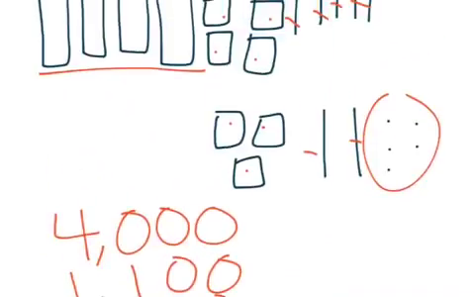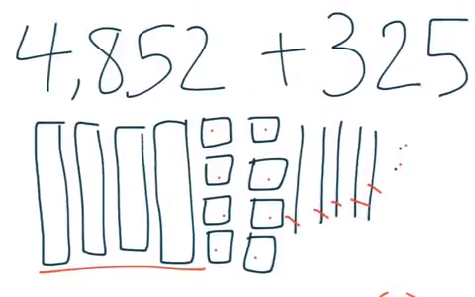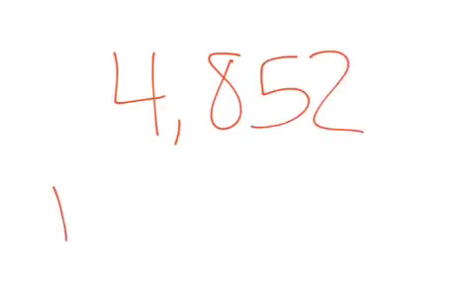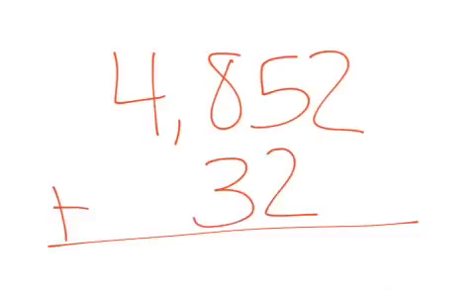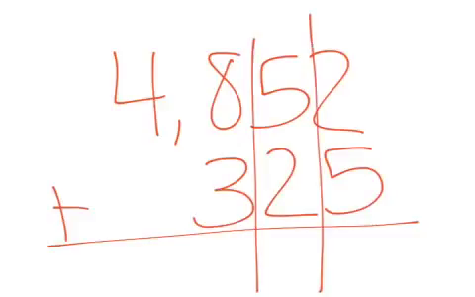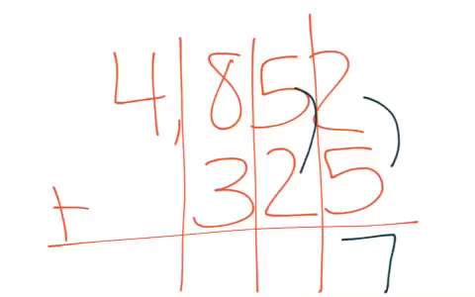If you use the standard algorithm for this one, I would have rewritten the number and lined it up. Remember, you have to write very neat for addition and subtraction. I would have made sure my numbers were lined up. 2 plus 5 is 7. 5 plus 2 is 7. 8 plus 3, 8, 9, 10, 11.